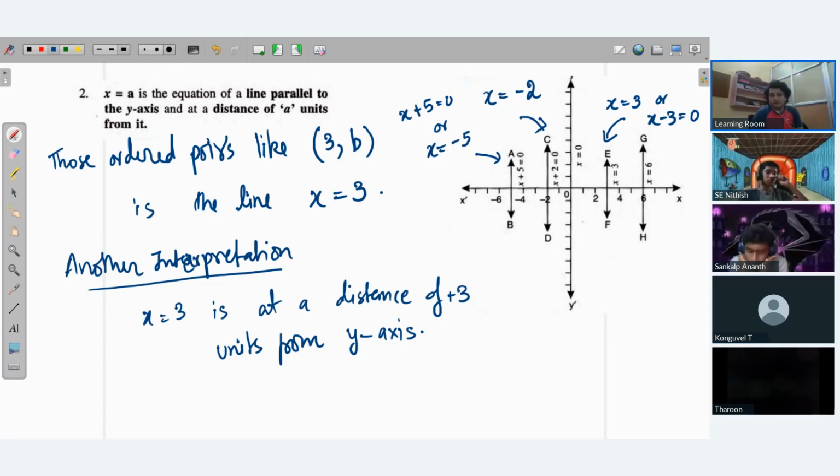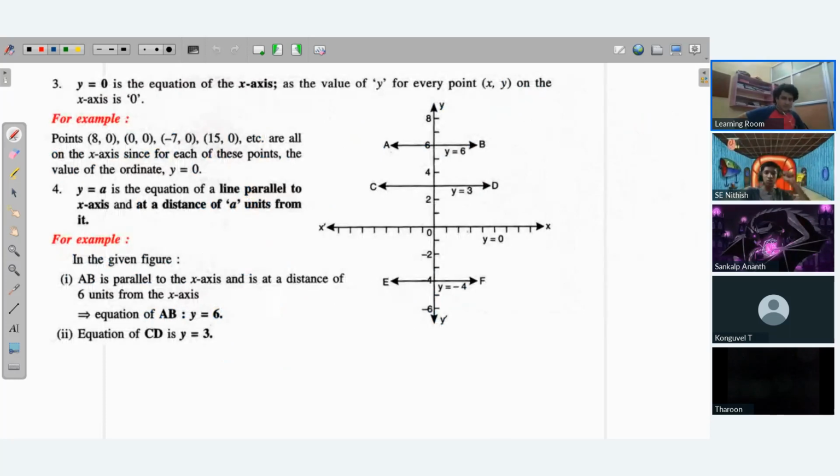Now this whole story was around the y-axis. I could have asked the same thing around the x-axis also, and this is how it is going to look. So as x equal to 0 is the equation of the y-axis, y equal to 0 is the equation of the x-axis.